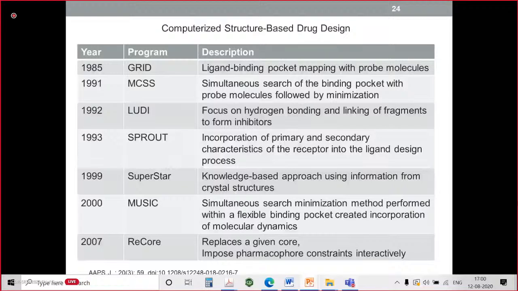So in this case, initially structure-based drug design software is used, like Grid, MCSS, Ludi, Sprout, Superstar, Music, and Arico. These are very useful software based on structure-based drug design, or we can call it de novo drug design.